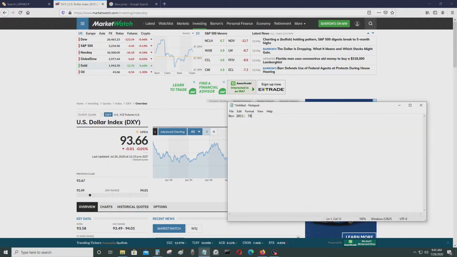Dollar index was about 78, and today it's about 93.65.